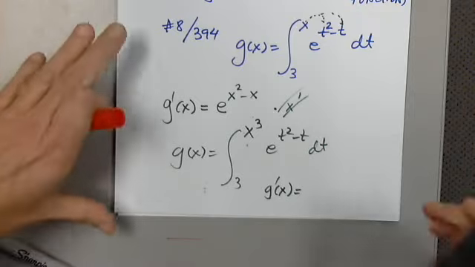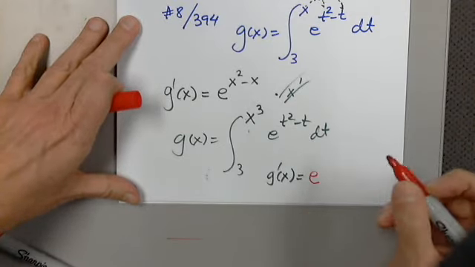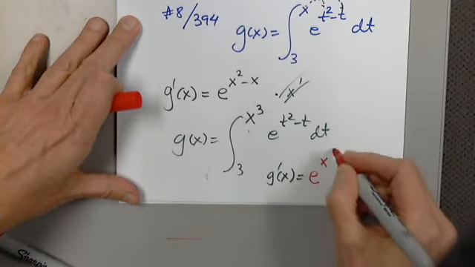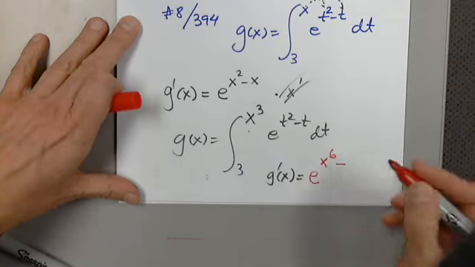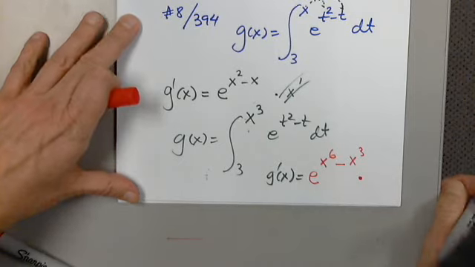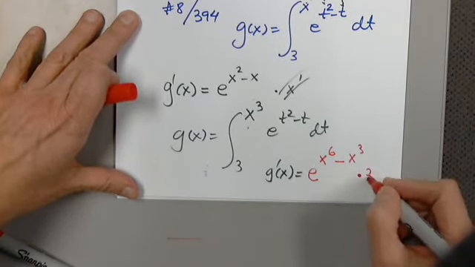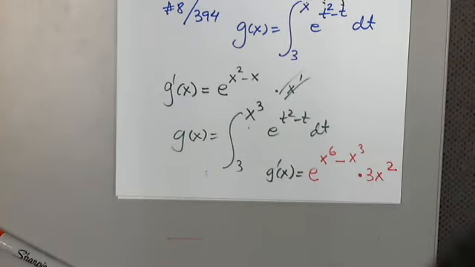So what will be the answer this time? The e to the x to the 6. Very good. Minus x to the... very good. Multiplied by the inner function prime. 3x. That's it. Yes, I will put 3x squared in front.